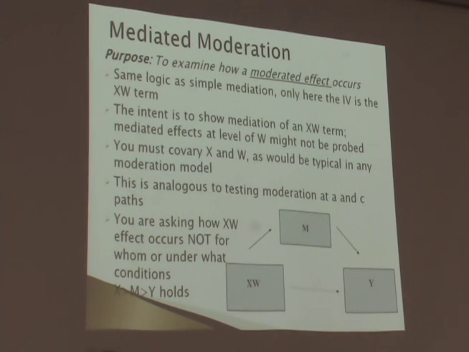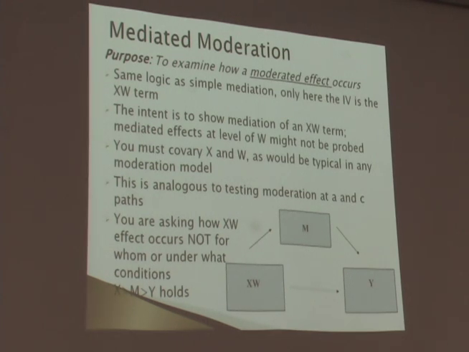So in that sense, mediated effects at levels of W might not necessarily even be probed, although chances are they will. You have to covary X and W as would be typical in any moderation model, so the testing is the same. In terms of the equations, this is really testing moderation at the A and the C paths. Okay?